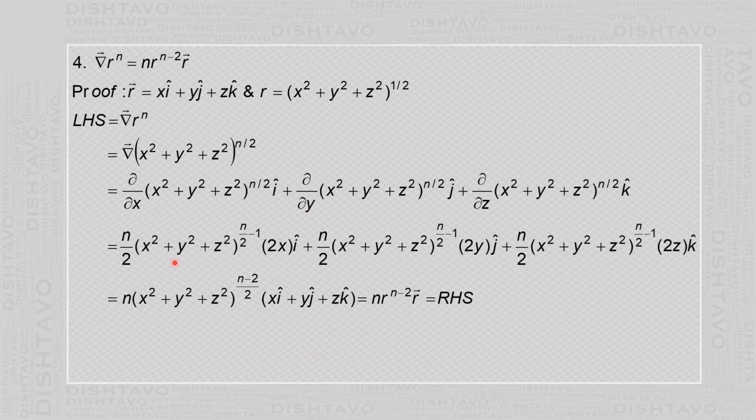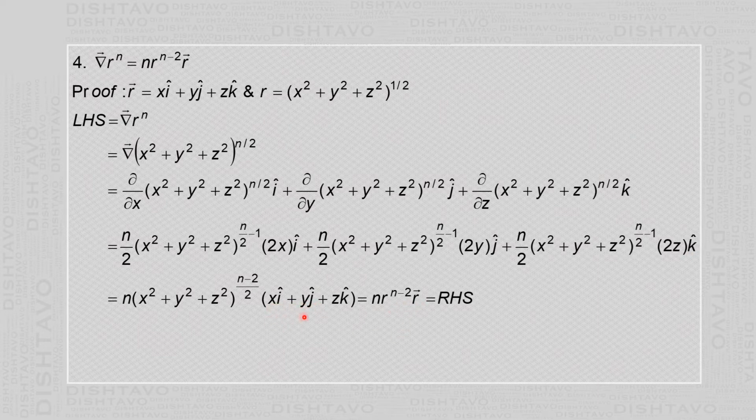And this n is common to all these three terms. Then x square plus y square plus z square raised to n by 2 minus 1 is also common, and this n by 2 minus 1 is written as n minus 2 by 2, and what remains inside is x i cap plus y j cap plus z k cap, and this is nothing but vector r.